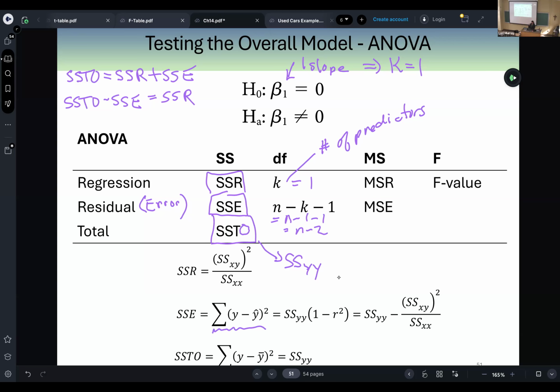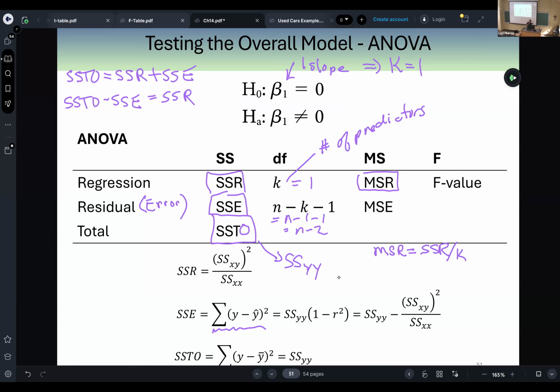So when you want to get to the mean squares, these are the new ones today. The MSR, you can probably guess, is going to be the SSR divided by K. In our case, just the SSR, because K is 1.